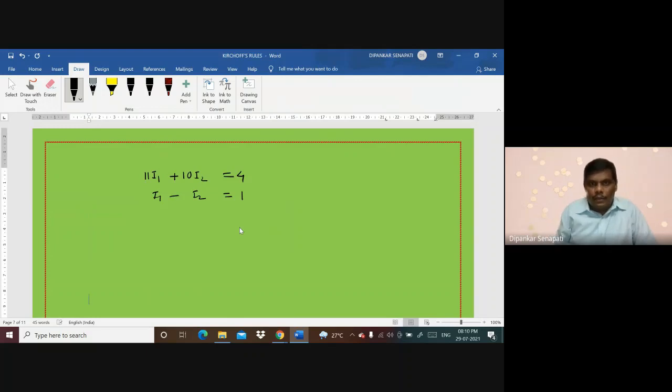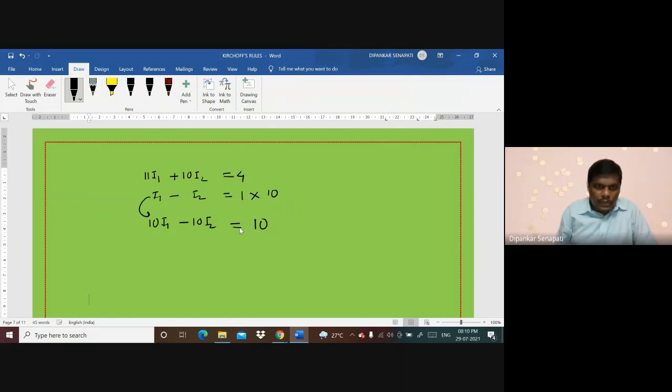Okay. Now we can solve by multiplying this with 10. Then what we are getting is 10 I1 minus 10 I2 is equal to 10.